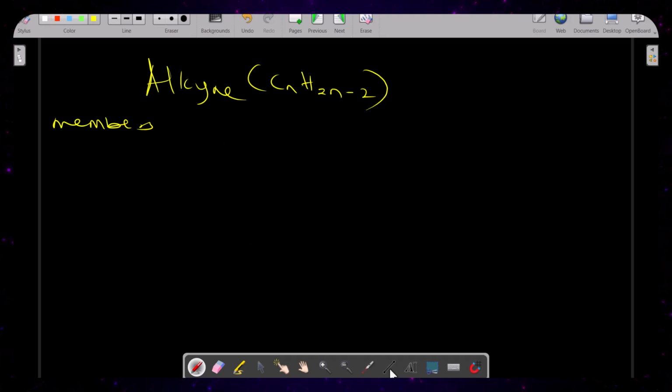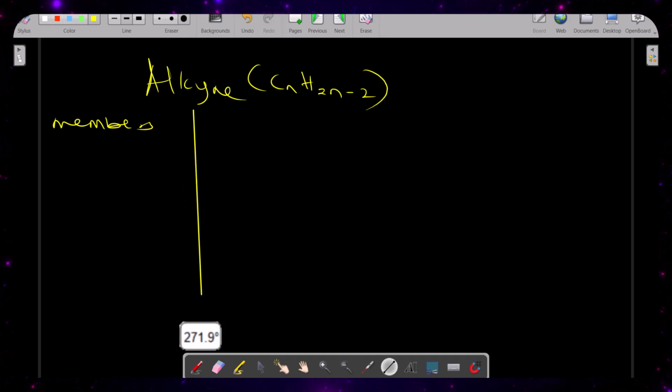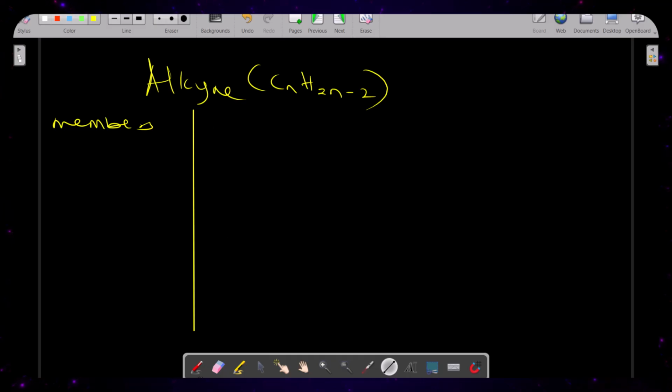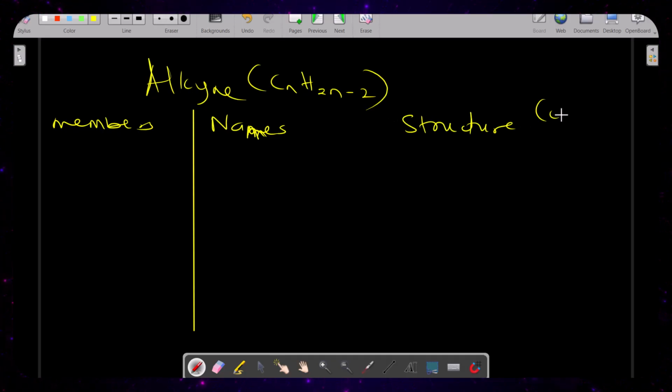Then I also talk about their names, the IUPAC nomenclature. When I say name, I'm talking about what we call them. So the names and their structure. And you know exactly the structure I'm talking about. This is the common structure.